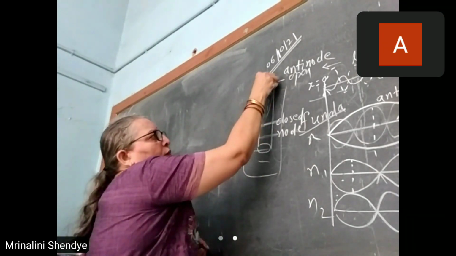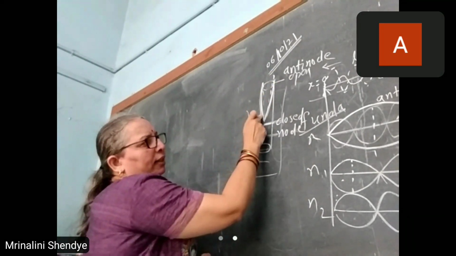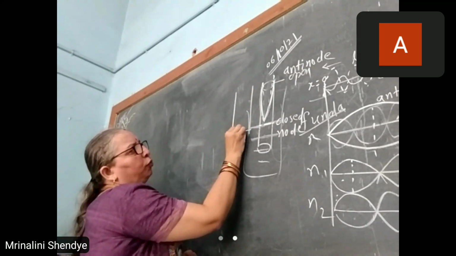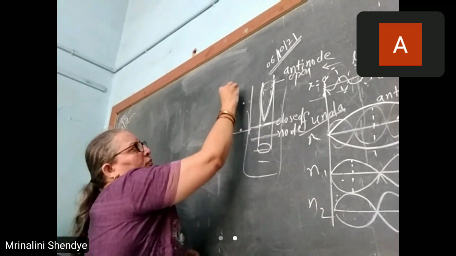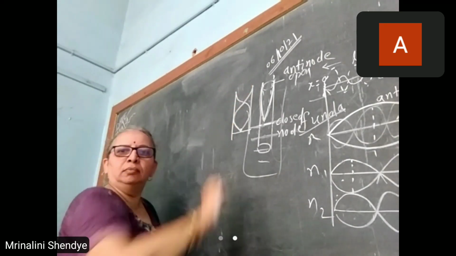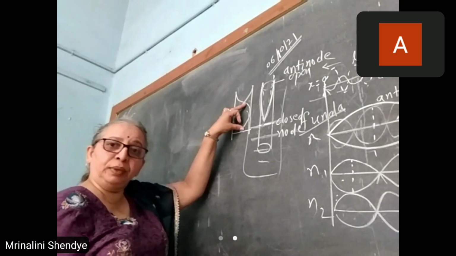One node, one antinode. You can say the same with formation of two nodes. Suppose ऐसा एक लुक तैयार हो सकता है.